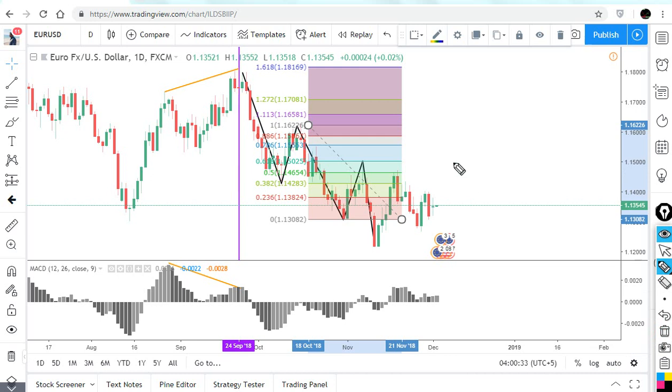Okay, now after that we are counting our wave 3 and our wave correction 4, how much it goes. It goes exactly to the 0.618 level, because we saw the 50% before.